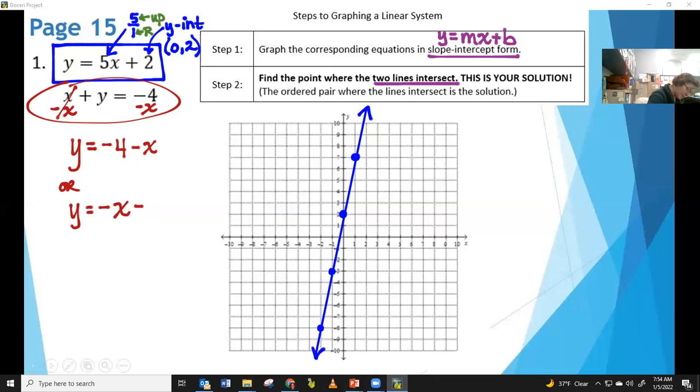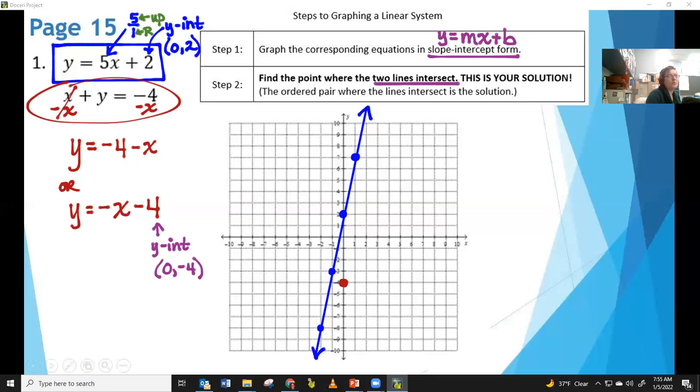Negative x minus 4. Either one of those ways of writing it is correct, but only the bottom one tells me the slope right at the beginning and has the y-intercept at the end. So here's my y-intercept. I'm going to go plot that point at 0, negative 4. So right down here.